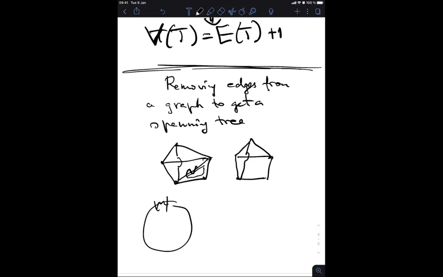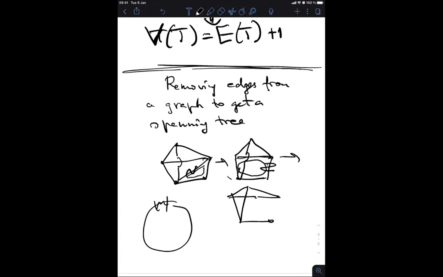Okay, I'm repeating this process. For example, if I'll be taking a cycle like this, you see this cycle, I'm saying I can kill any edge in this cycle, say this one. Okay, so I'll be getting a situation like this.